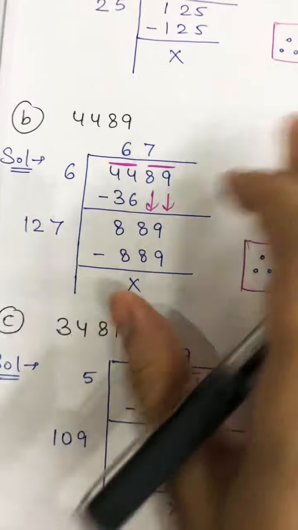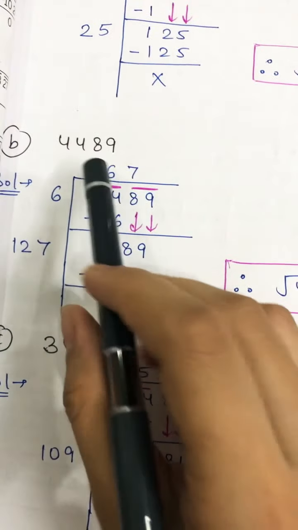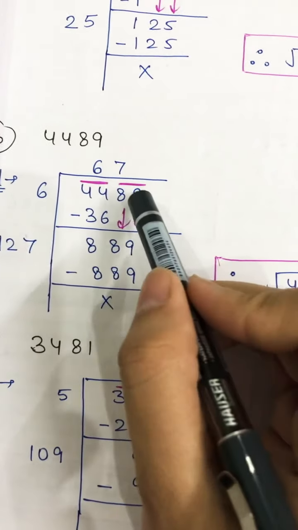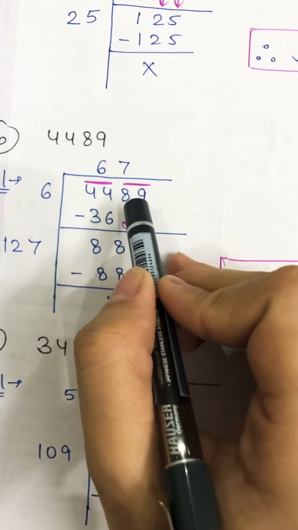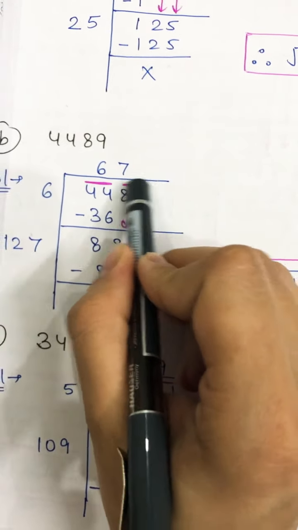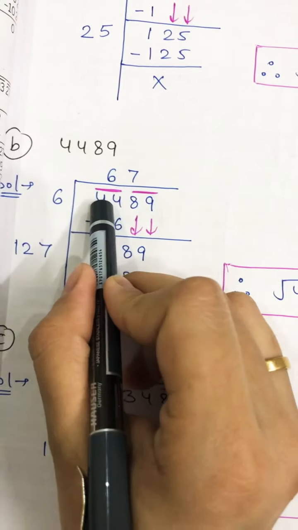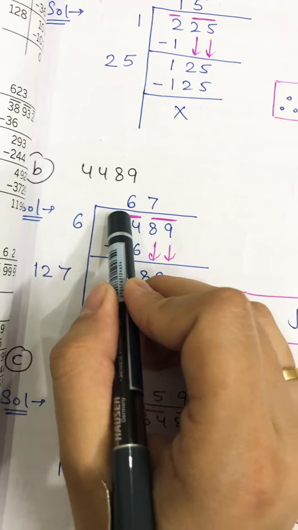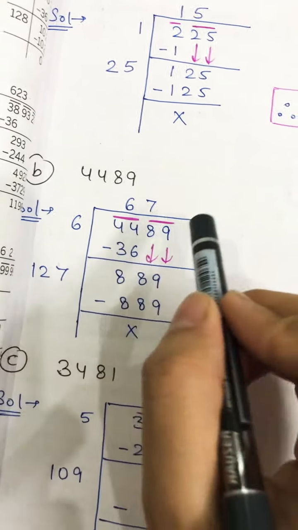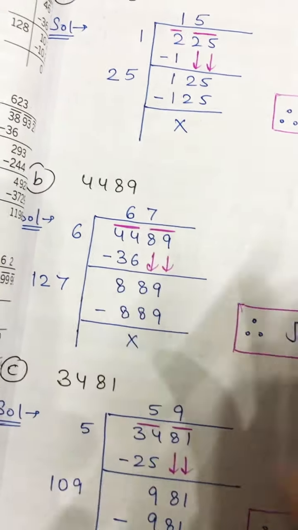Suppose this is the b part, the question is 4489. Start from the last digit and start making pairs. 89 is one pair, make a bar here. 44 is the next pair, make a bar here. You will not start the pairing from the first digit; you have to start the pairing from the last digit.